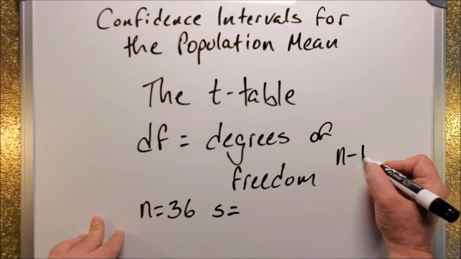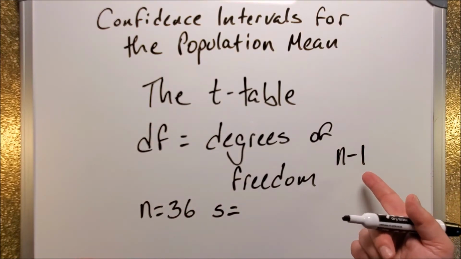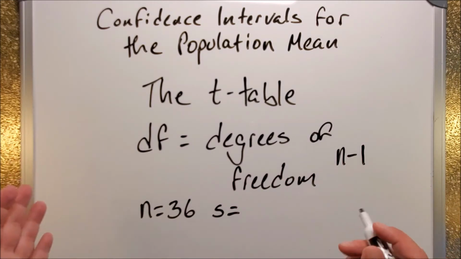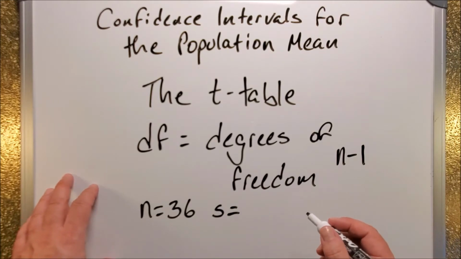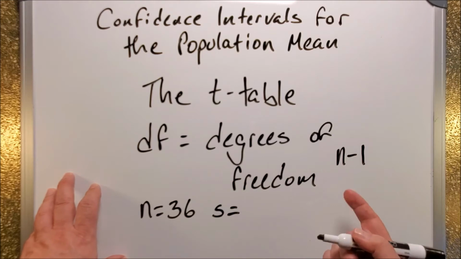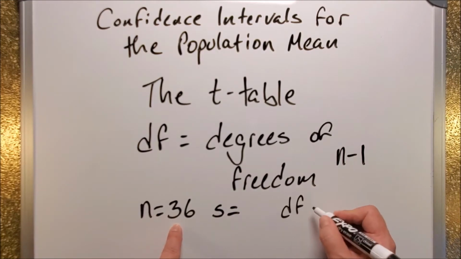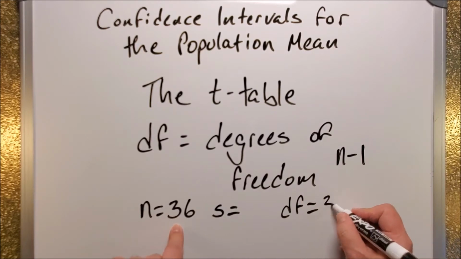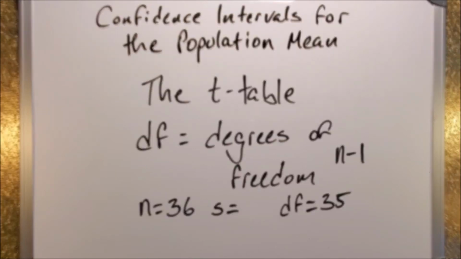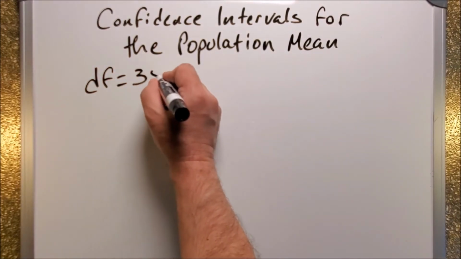In the case of using the t-table, degrees of freedom is always n minus 1. You're not going to find many calculations easier than that in statistics. Maybe mu sub x bar equaling mu might be easier, but that's pretty easy. So in this case, my degrees of freedom are 36 minus 1, which is 35.